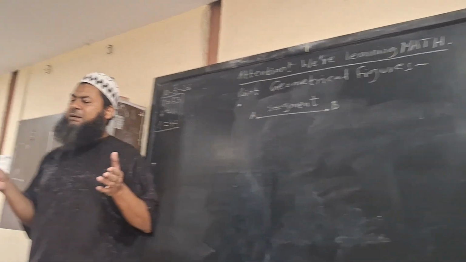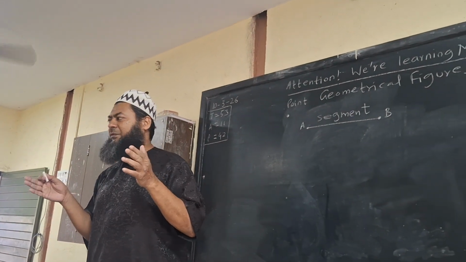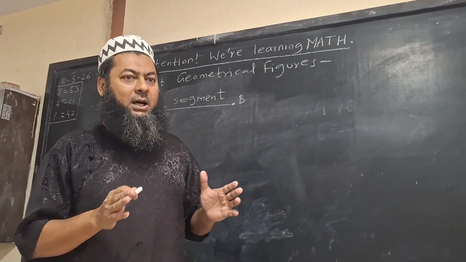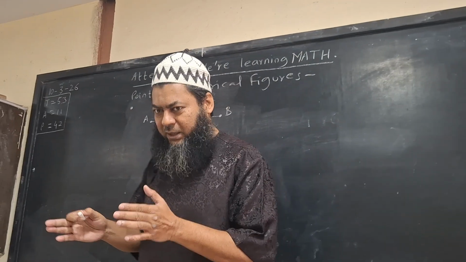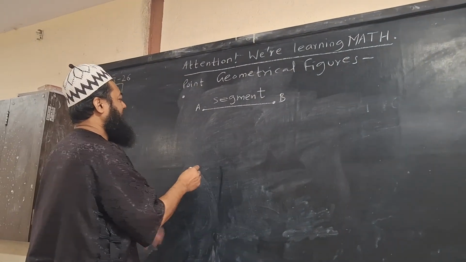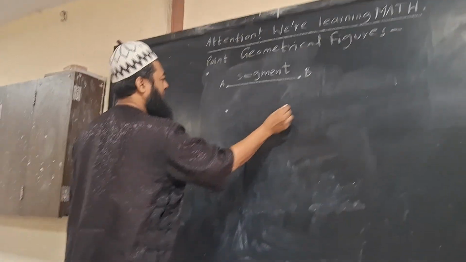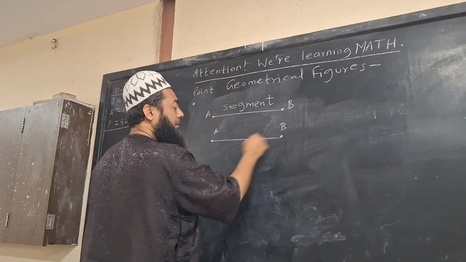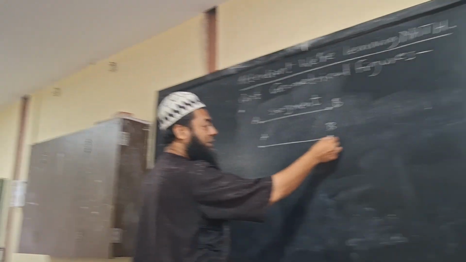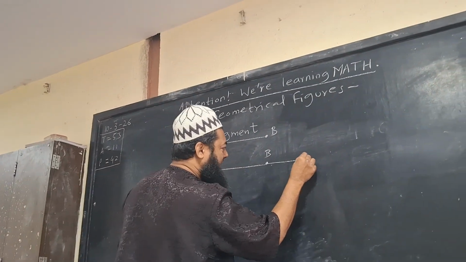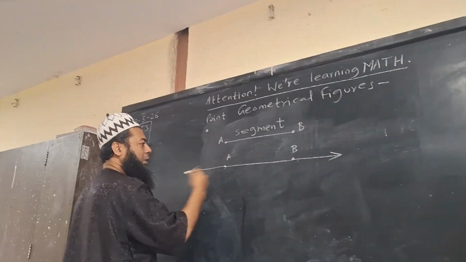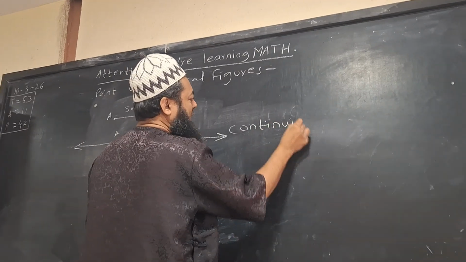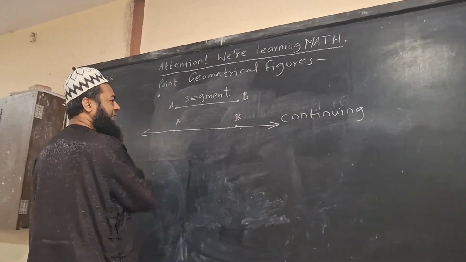Segment means a part of something. It's a part of a line. It's not the whole line. Now I'll tell you the difference between a segment and a line. Now what I'm going to draw is a line. If I take a point here and a point there and I join, but this is not ending, it's continuing on both sides.